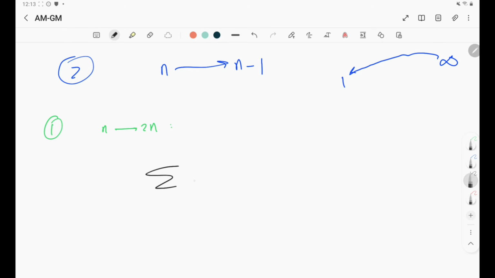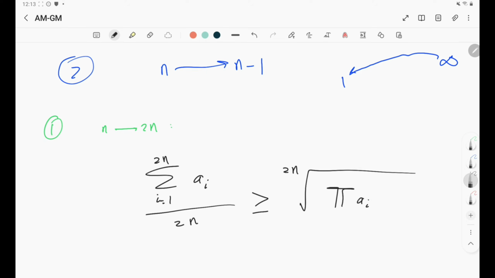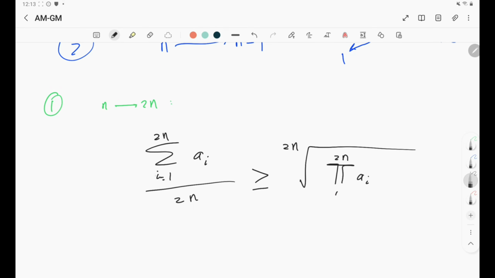We want to prove the sum of a_i going from 1 till 2n over 2n is greater than or equal to the 2n-th root of the product of a_i from 1 till 2n. I don't need to write i each time, because it's really clear.